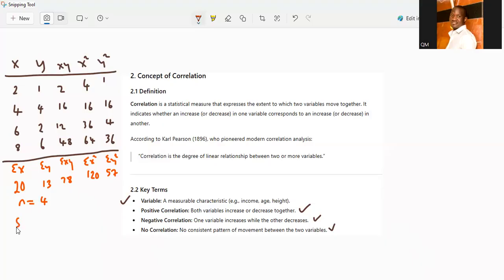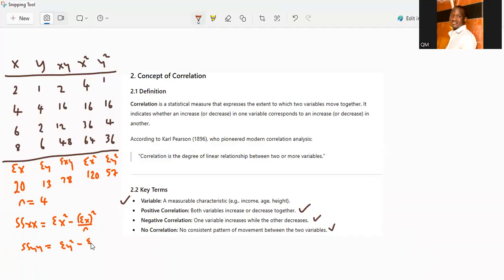Then we need to find the sum of squares xx, which is simply given by the summation of x squared minus the summation of x to the power 2 over n. You find the summation of y squared as well, over n. I'll give you the formulas and you give me the values. I hope you have a calculator and somewhere to write.